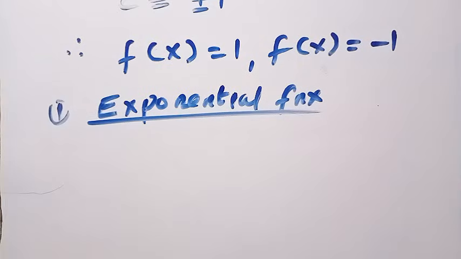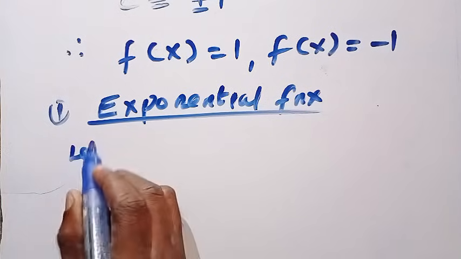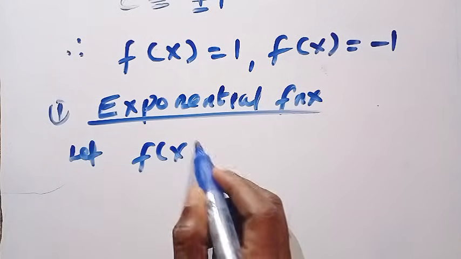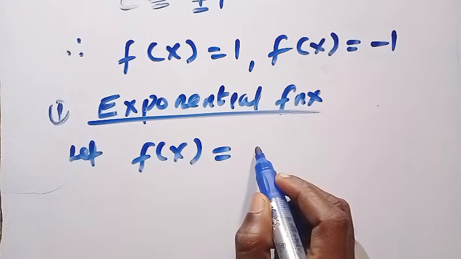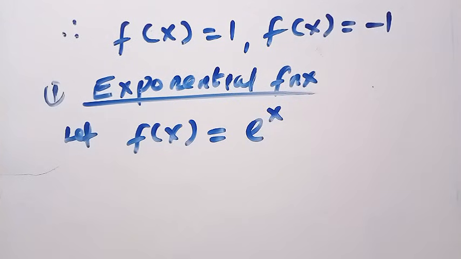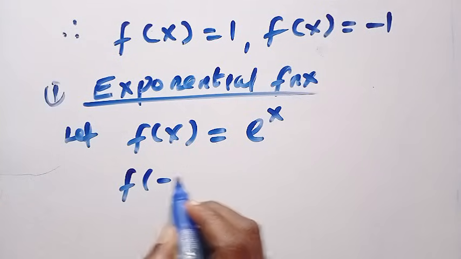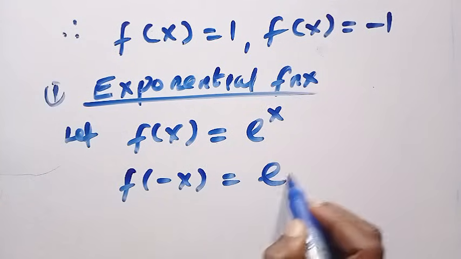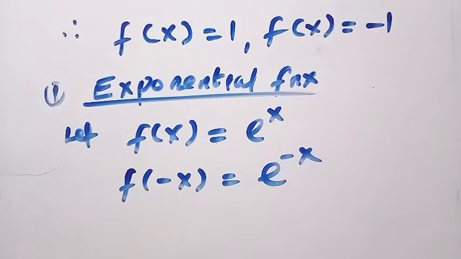in these exponential functions, assuming I let f of x be equal to e to the power of x, this is just an assumption. Then f of minus x will be equal to e raised to the power of minus x.